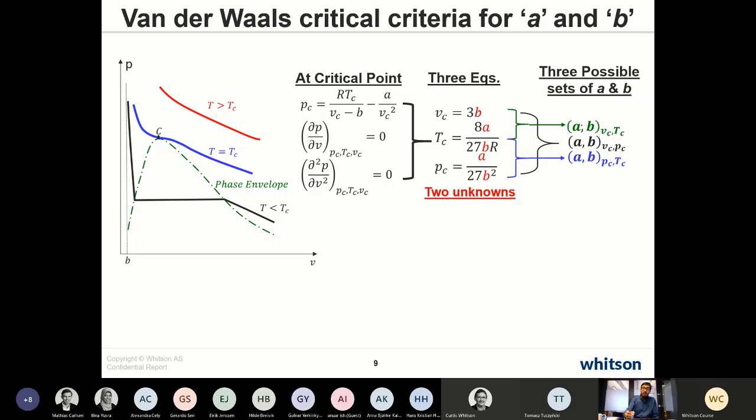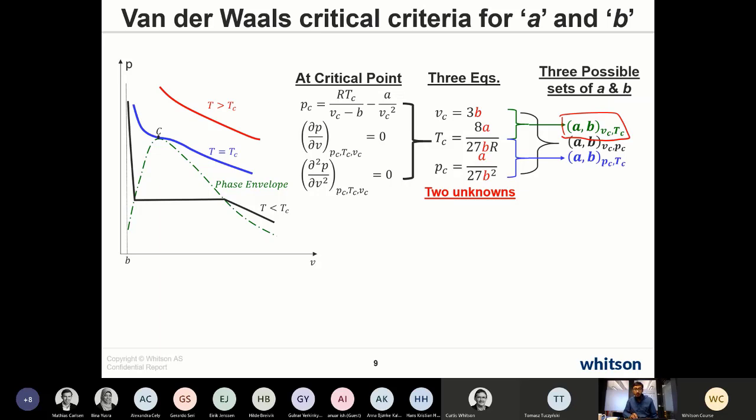For example, we can solve the first two equations and come up with the A and B from the critical volume equation and the TC equation. Same if we get the A and B values from critical volume, critical pressure, and critical temperature. And these will be different values of A and B.